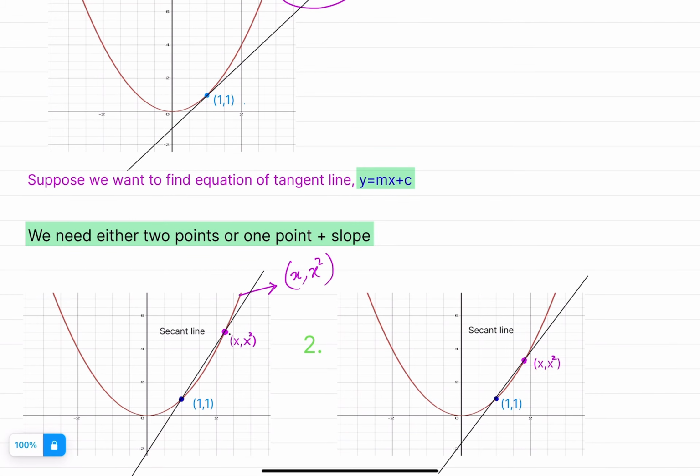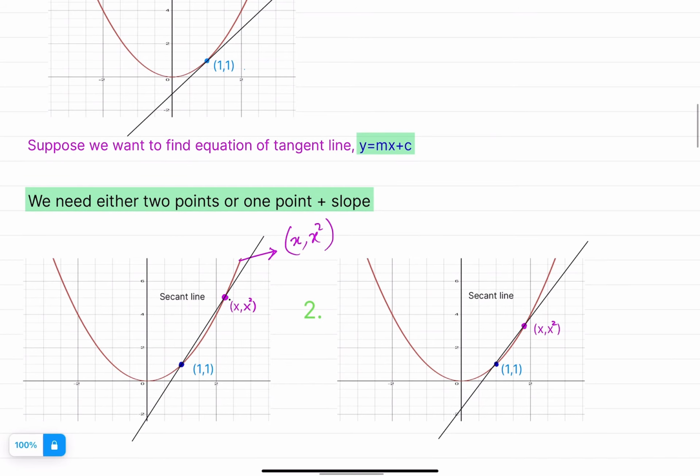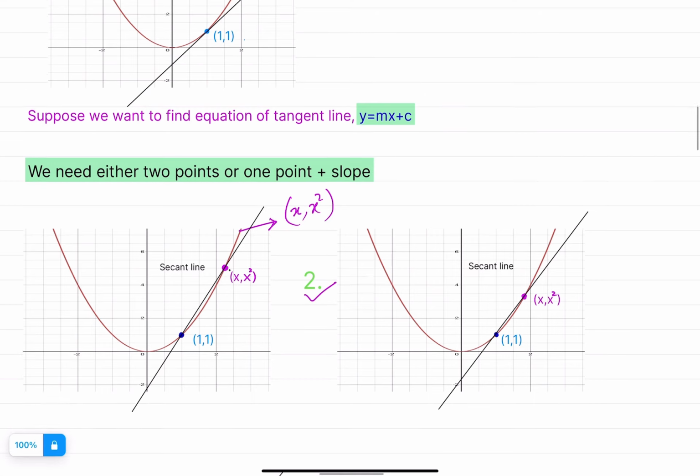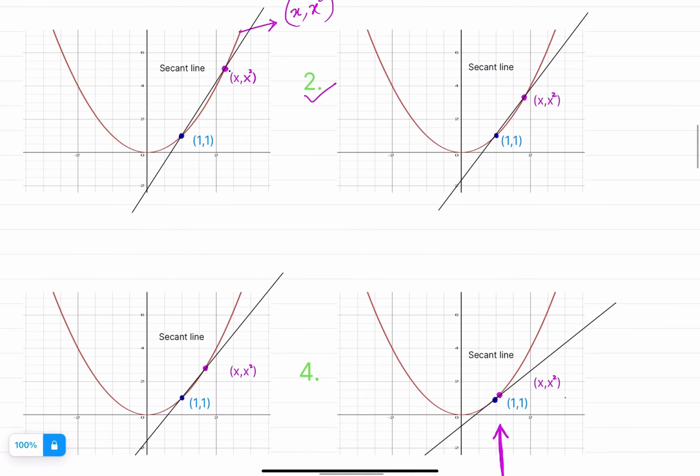First, let's see the graph for this. Let's say we bring this point closer and closer to that of point 1 comma 1. In the second graph, you can see we're bringing it closer. Then in third graph, it's coming much closer than previous one. In the fourth graph, it's coming closer and closer to that point 1 comma 1.